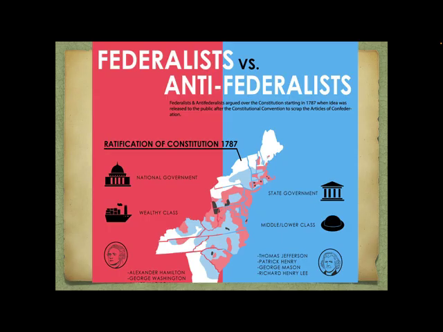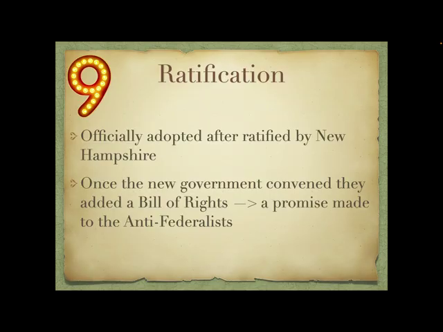They fear how much power is now being granted to the national government. They would rather have most of the power stay where? In the states. They tend to want more state government power. They tend to come more from middle and lower classes. And they tend to be represented by people like Thomas Jefferson, Patrick Henry, and so on. Last thing, make sure you write this in your notes. 9 states have to ratify this document before it can become the supreme law of the land.